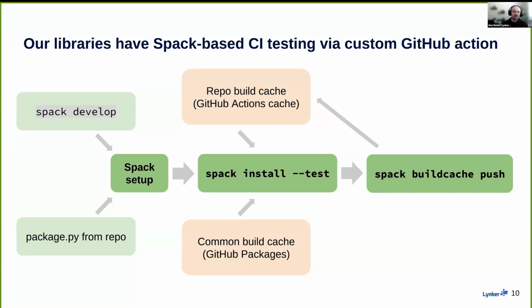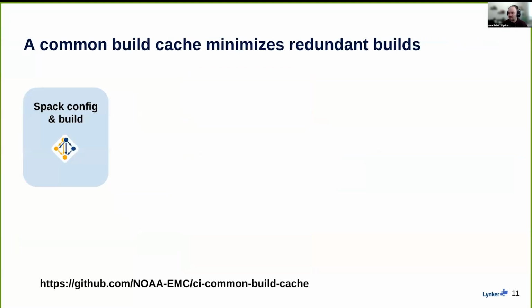It can also tap into a common build cache that we've deployed that provides pre-built packages for all of our repositories. So in many cases, our CI workflows can use partially or entirely those pre-built packages and not have to build them as part of their own CI workflows.